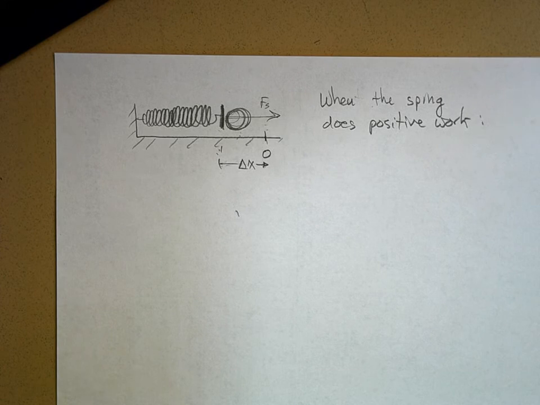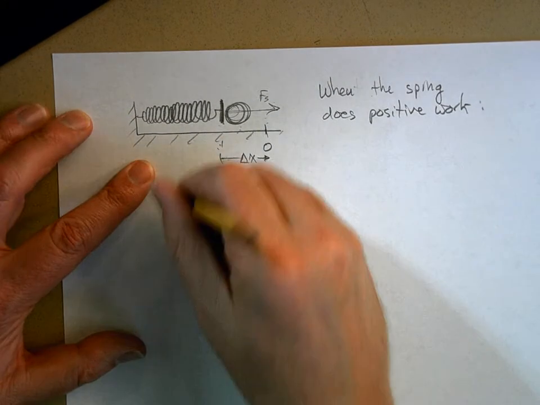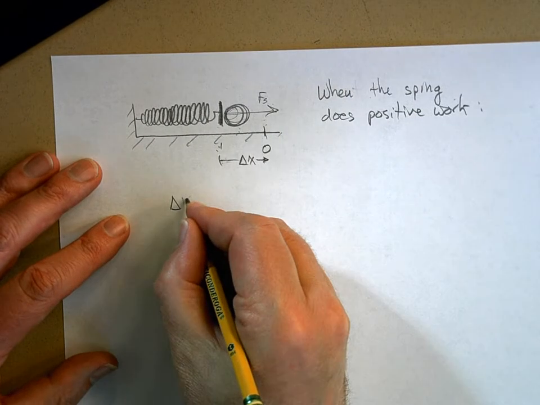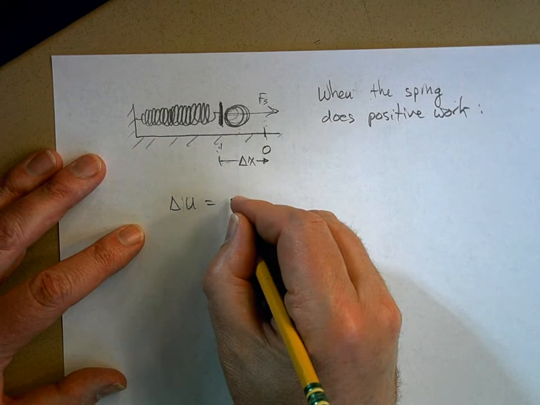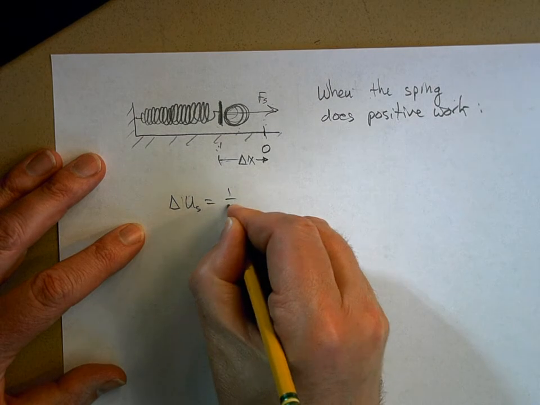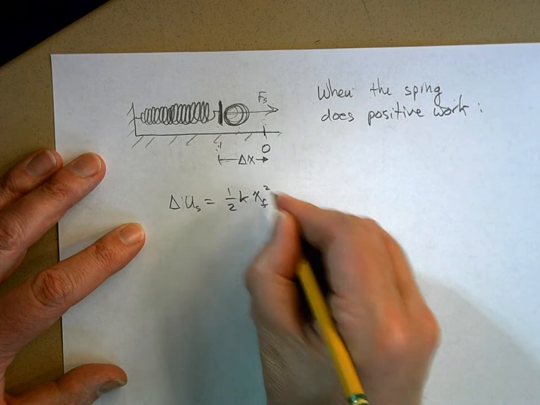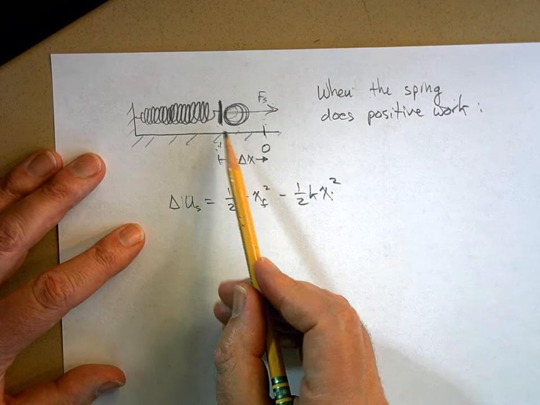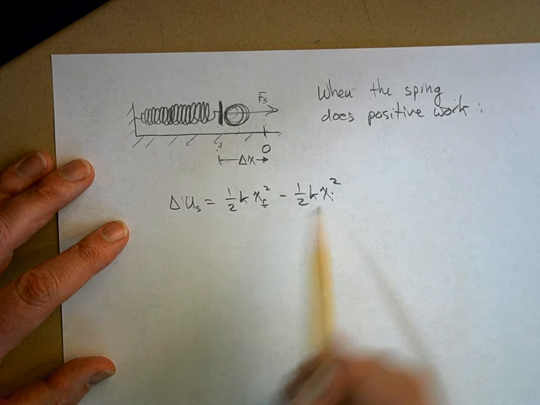But what is potential energy? Let's take a look at the change in potential energy. The change in potential energy of a spring is going to be equal to 1/2 k x final squared minus 1/2 k x initial squared. And if it goes from here to here, x final is smaller than x initial.